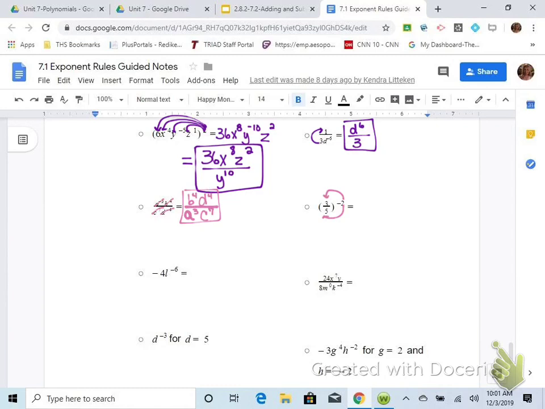So what's 3 times negative 2? Negative 6. No, wait. Am I going to power it? It's not 3 times negative 2, but it's 3 times negative to the second power, right?